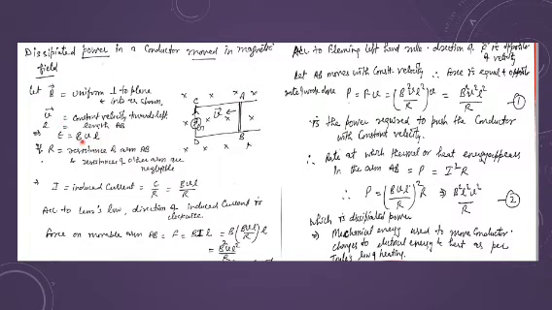Now let R be the resistance of this arm AB which we are moving, and of course we are assuming the other arms have negligible resistance. So the only resistance is in this moving arm AB, that is capital R. Then you can write the formula for the induced current, that is induced EMF upon resistance. It means BVL upon R.